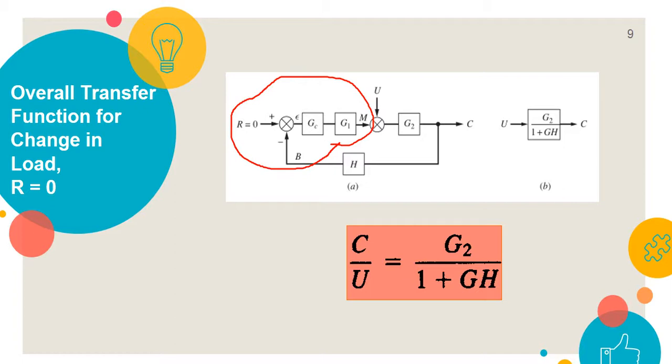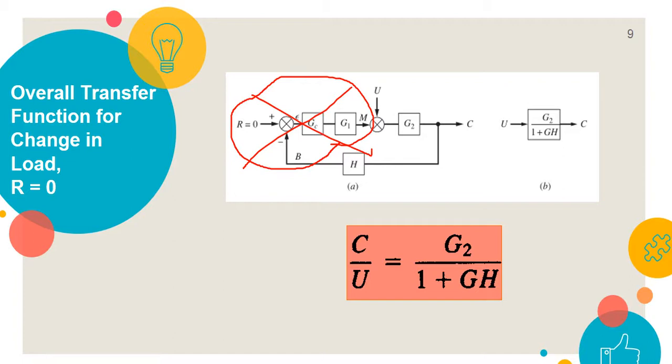So you still need to multiply all the transfer functions in your block diagram to come up with a denominator that is still 1 plus GH. What changed here is the transfer function that appears in the forward path, primarily because the previous transfer functions, G sub C and G sub 1, were taken out of the picture because we don't have an R.